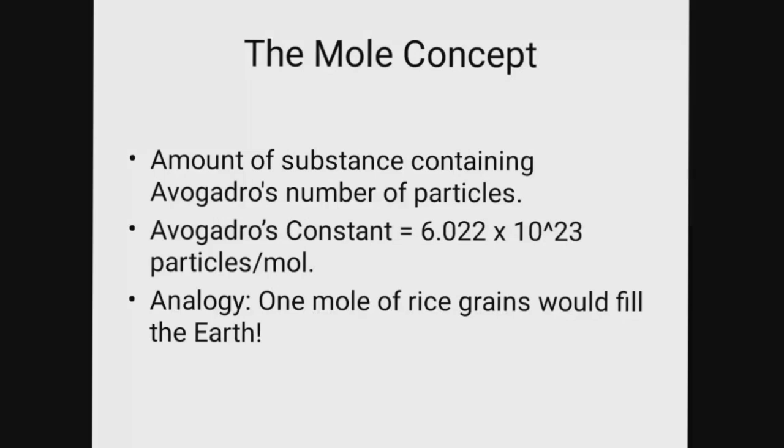Remember we said that atoms are indivisible and very, very tiny. So we cannot start counting atoms one by one as you can count eggs. We need to find a bigger unit that we can use to count these atoms. And that's where the mole comes in.